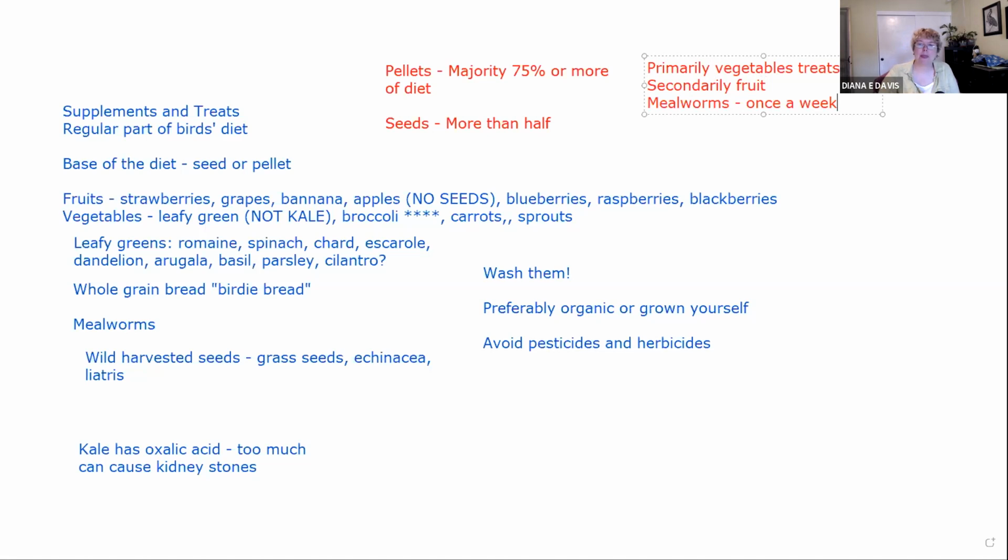So that's kind of where that stands. Theoretically, a pelleted diet does not need any kind of supplement, and you could just feed the bird that. And supplement just because birds like that. It's great mental stimulation for them.